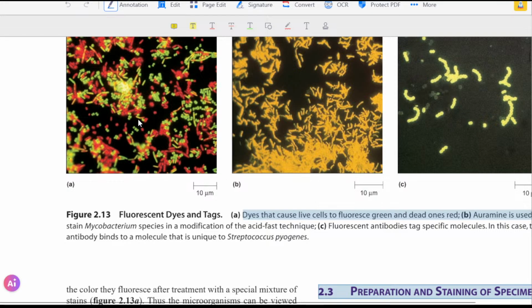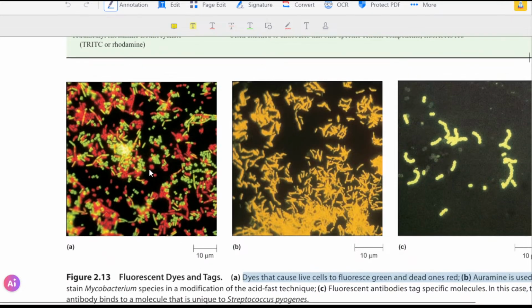There is a dye. It was only one dye, and they colored both living cells and dead cells. So the light that was produced by living cells was green. If you see here in the sample, the green ones are the living cells, while the dead ones are the red ones. I don't know what type of sample they were collecting, that half of them were dead.